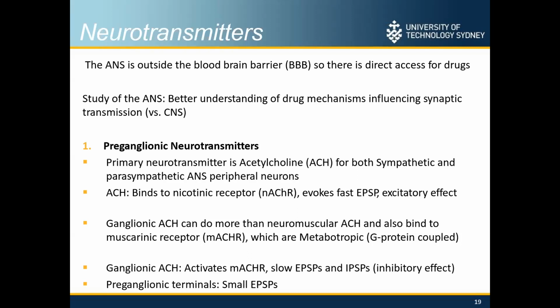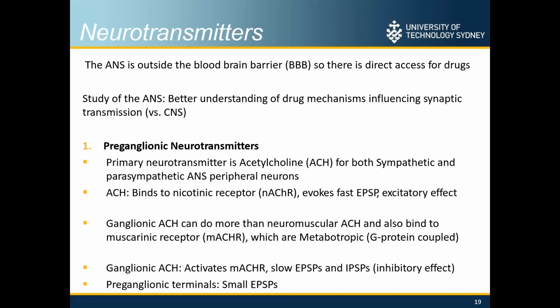Firstly, looking at the preganglionic neurotransmitter, the primary neurotransmitter is acetylcholine for both the sympathetic and parasympathetic arms of the autonomic nervous system. This is the same neurotransmitter that is used at the skeletal neuromuscular junction. The acetylcholine binds to the nicotinic receptor and from here evokes a fast excitatory postsynaptic potential in the postsynaptic cell.